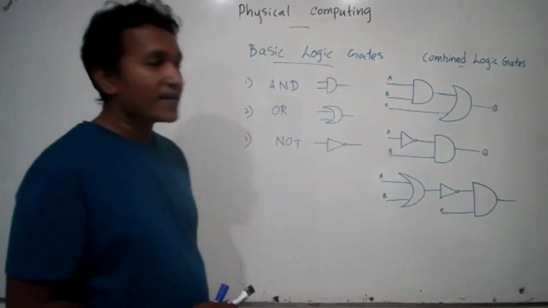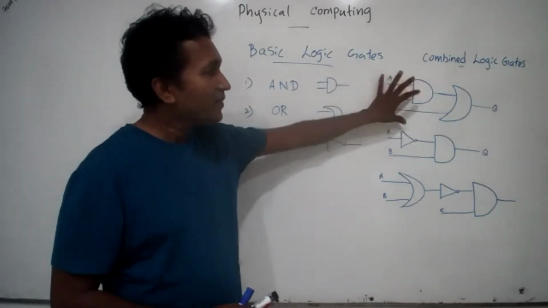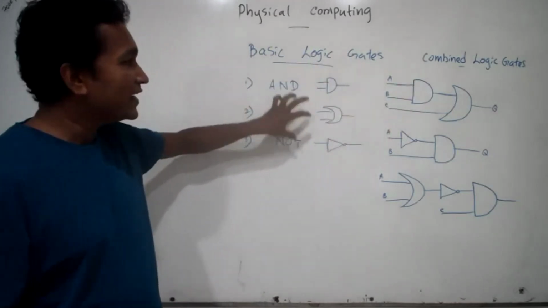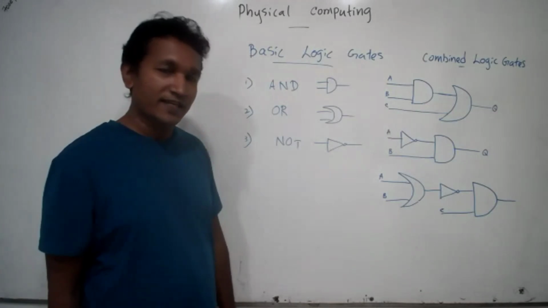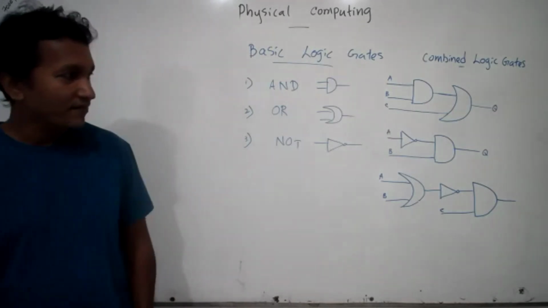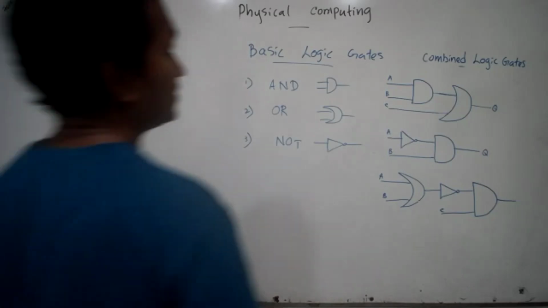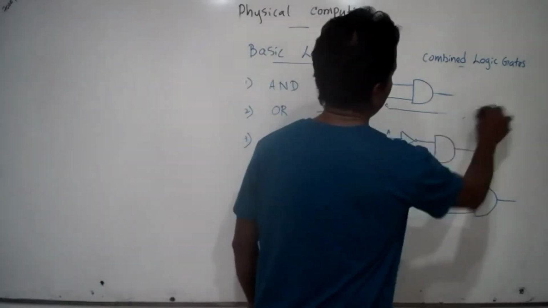Then you can understand the meaning of combined logic. Combined means a combination of these basic logic gates. So the shape should be huge.